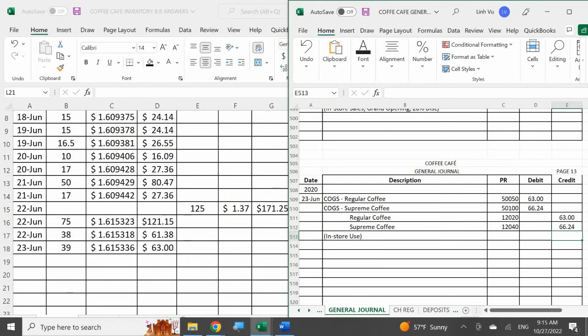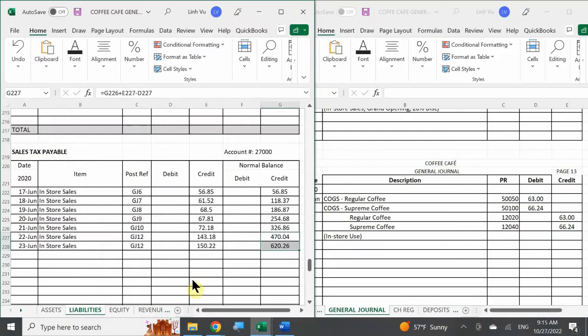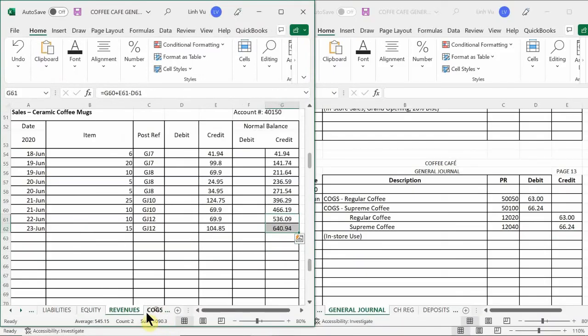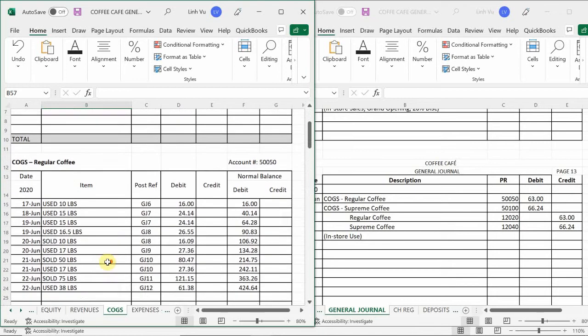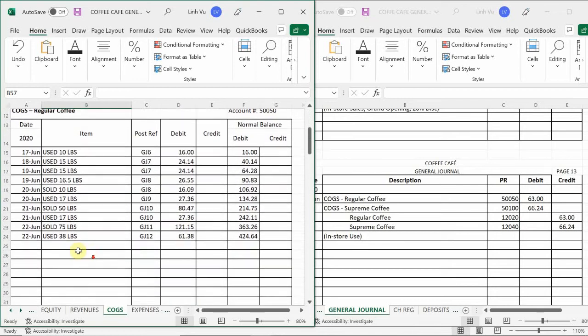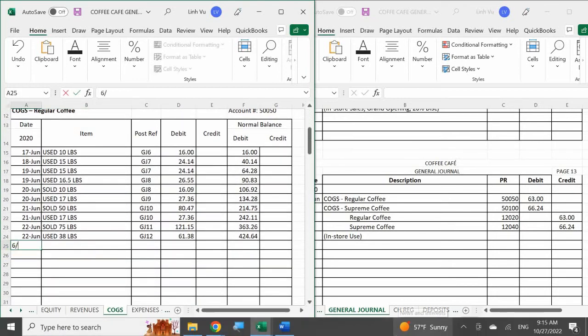So where do I go after here to update my inventory? So we're going to go to ledger. Good. Okay, we're going to update my cost of goods sold first. Okay. So in this case, I used 39.